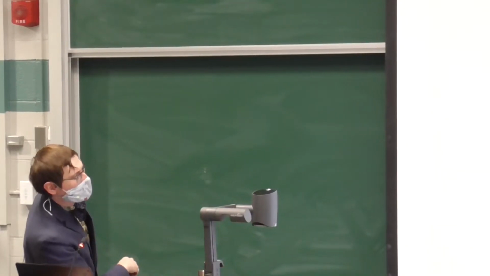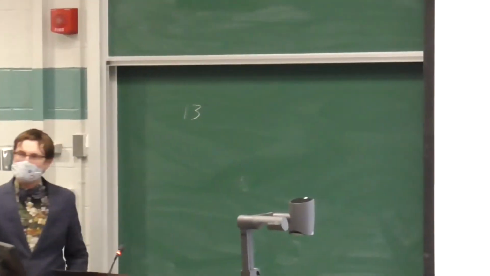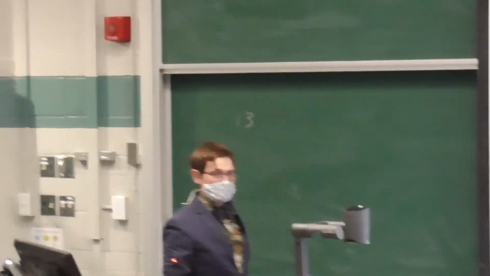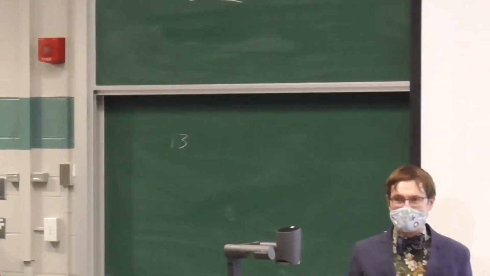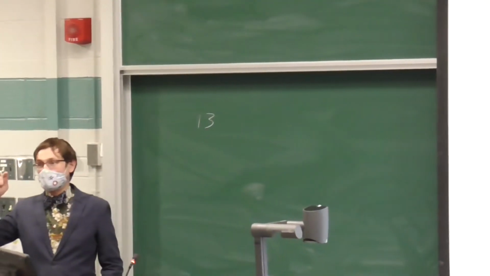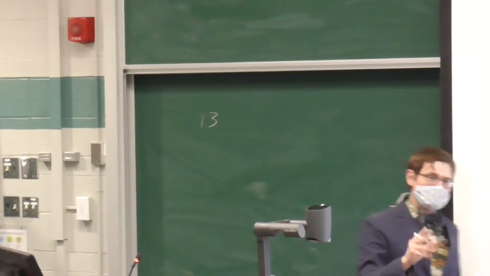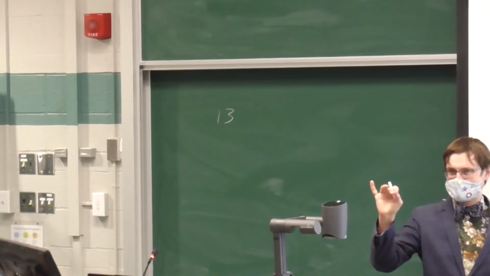So let's take the number 13, right? If we want to convert this to binary, and you haven't just memorized what 13 is, the first thing we're interested in is finding out what the least significant bit is.